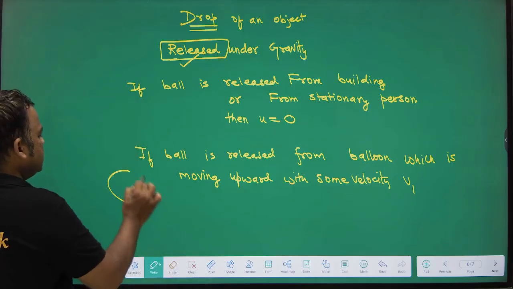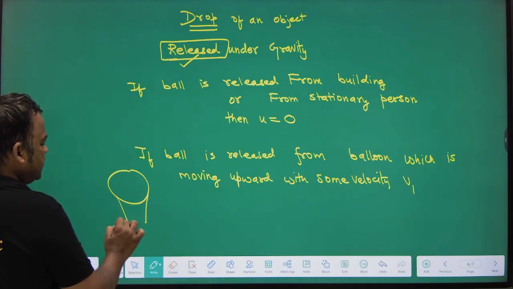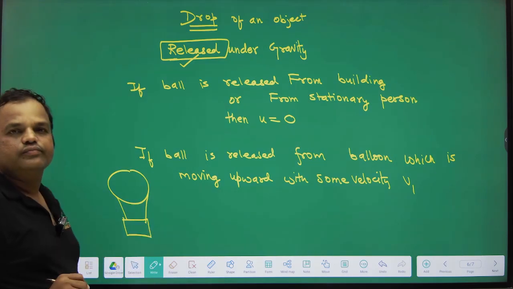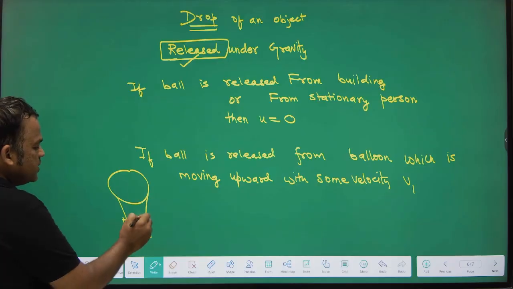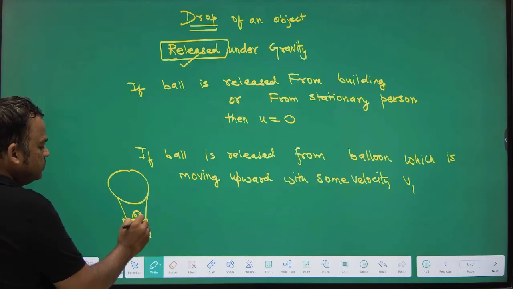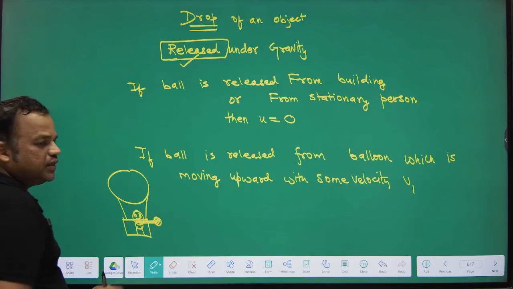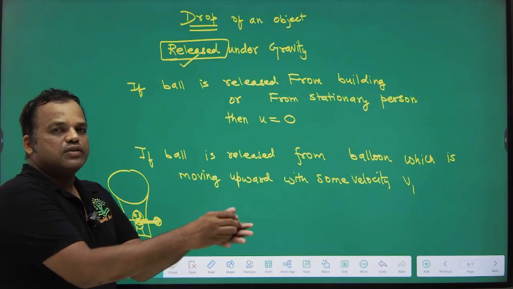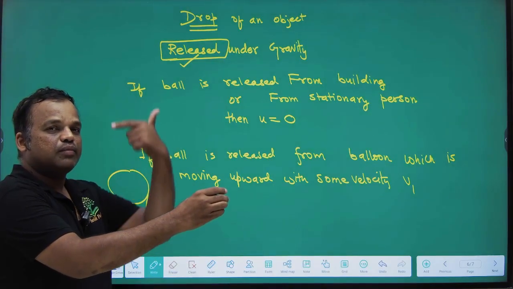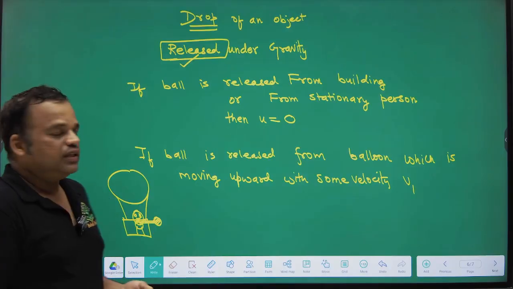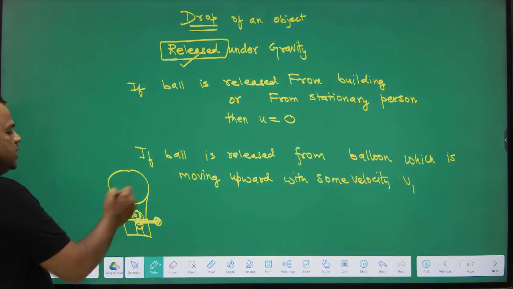So suppose this is the balloon, there is a basket here, this is the basket, and the person is standing in it, and the person is holding a ball. This is the ball it is holding. The person is moving upward because the person is sitting in a basket which is connected with a balloon.